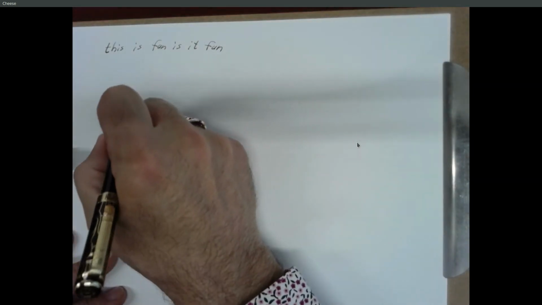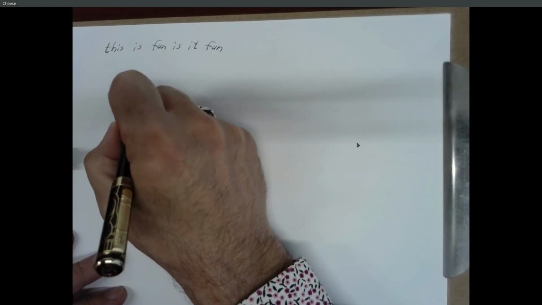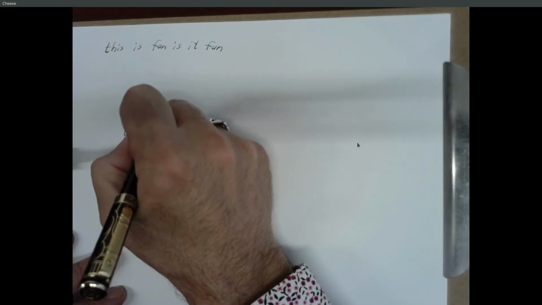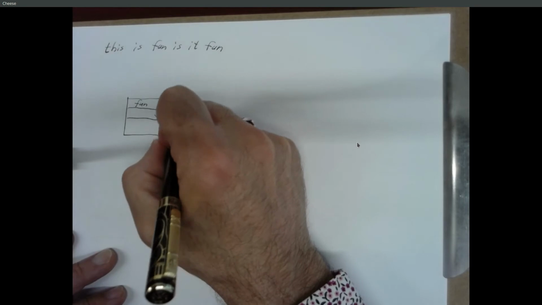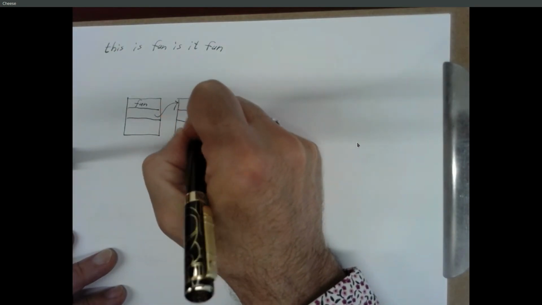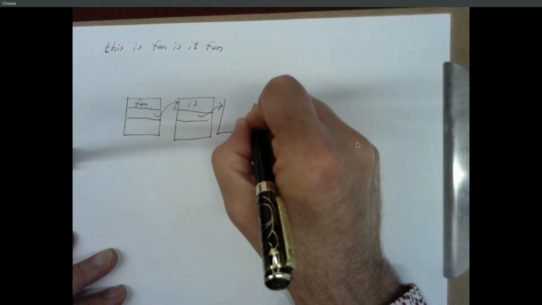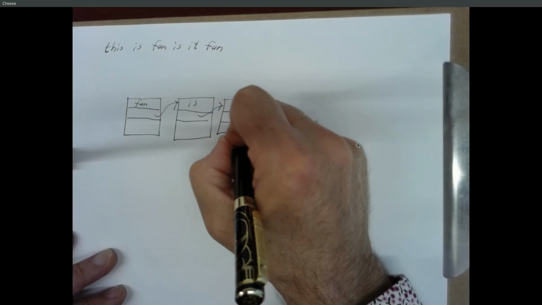So here's what your final list is going to look like. Let's see if I can alphabetize in my head. Here's our first word. Second word, so this is a plain old linked list of strings.